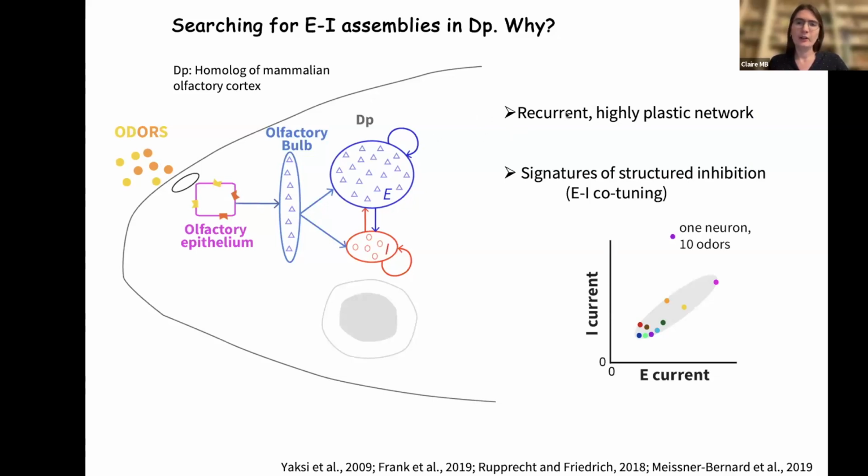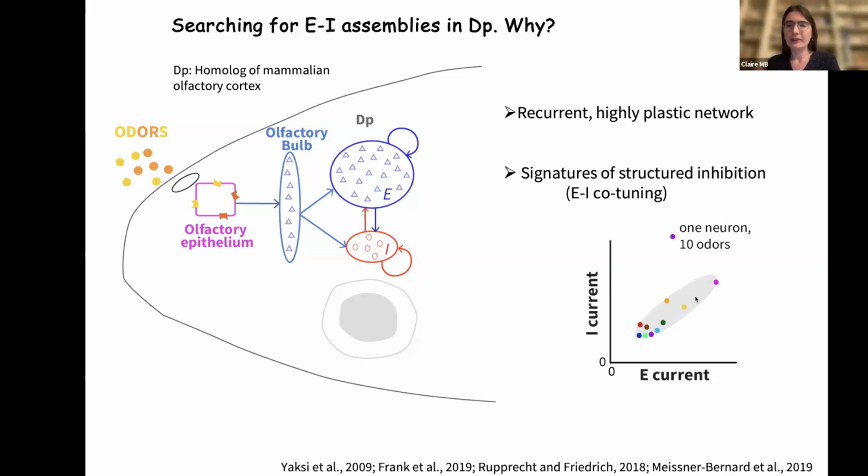Well, first, DP is thought to play a key role in the storage and retrieval of memories, and more specifically olfactory memories. So it is a highly recurrent and plastic network. Furthermore, it exhibits excitatory-inhibitory co-tuning. This means that if you look at this little scheme here, if you record in one neuron the inhibitory currents and the excitatory current in response to different odors, you will see this nice co-variation.